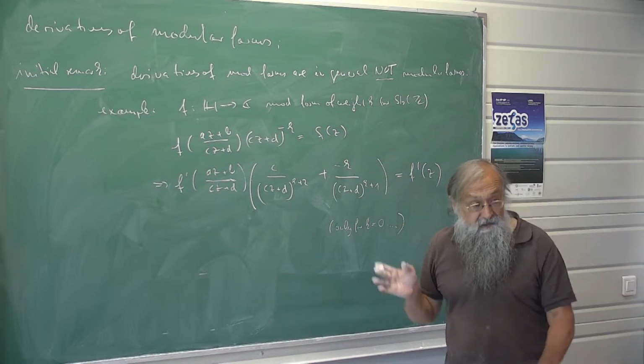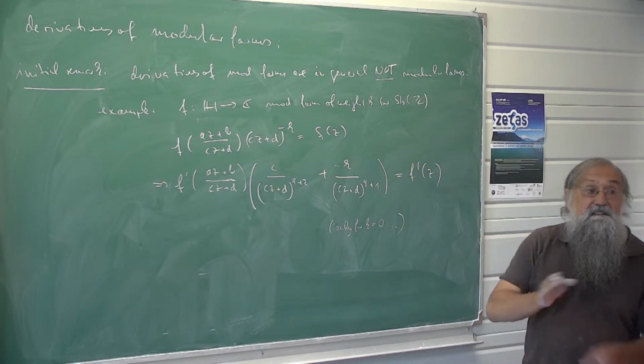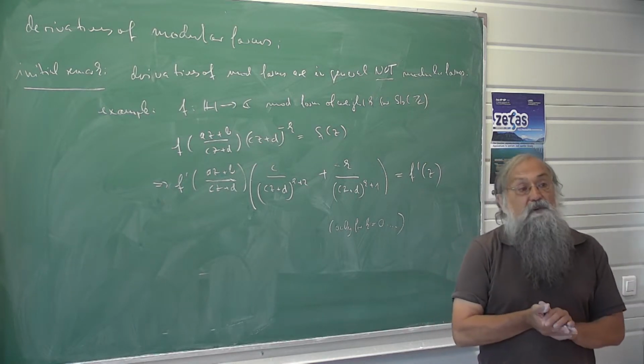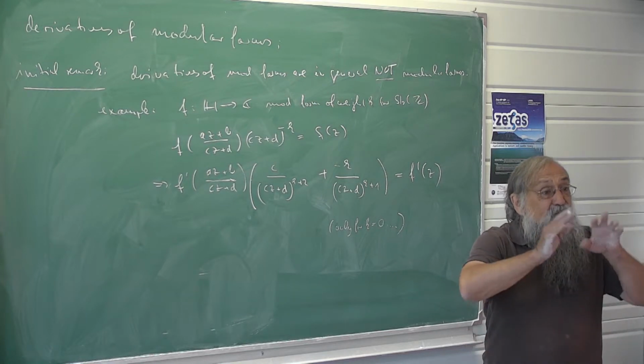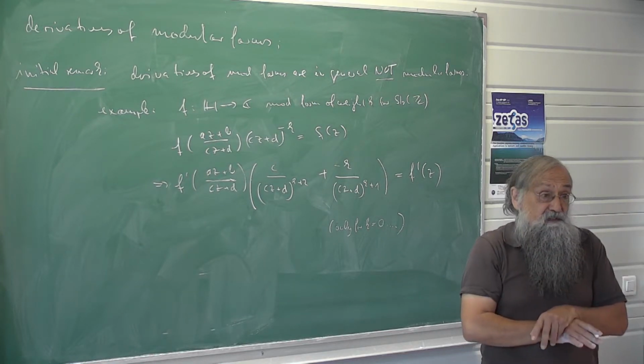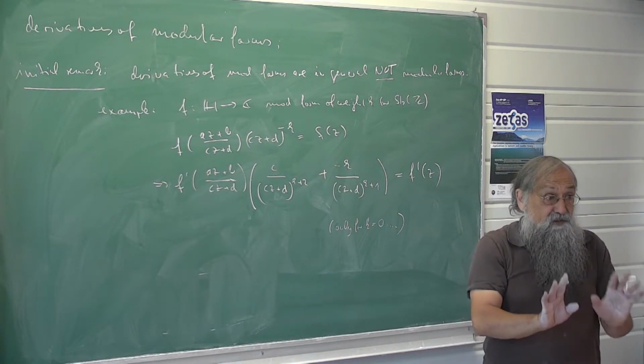And this is typical. We can say quite generally that in most cases, derivatives of modular forms do not give modular forms except for a certain set of weights, very few weights.